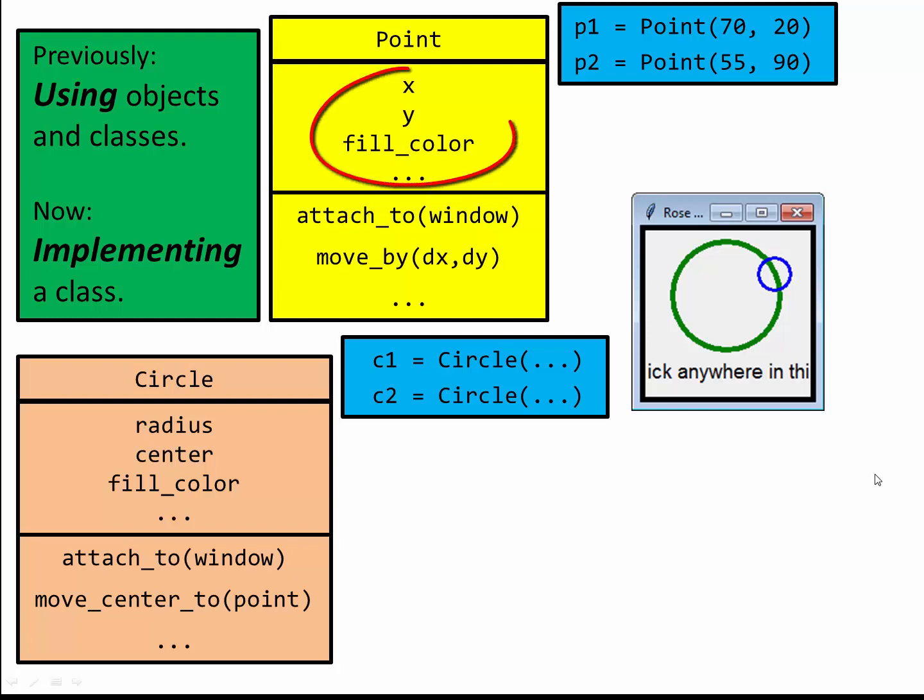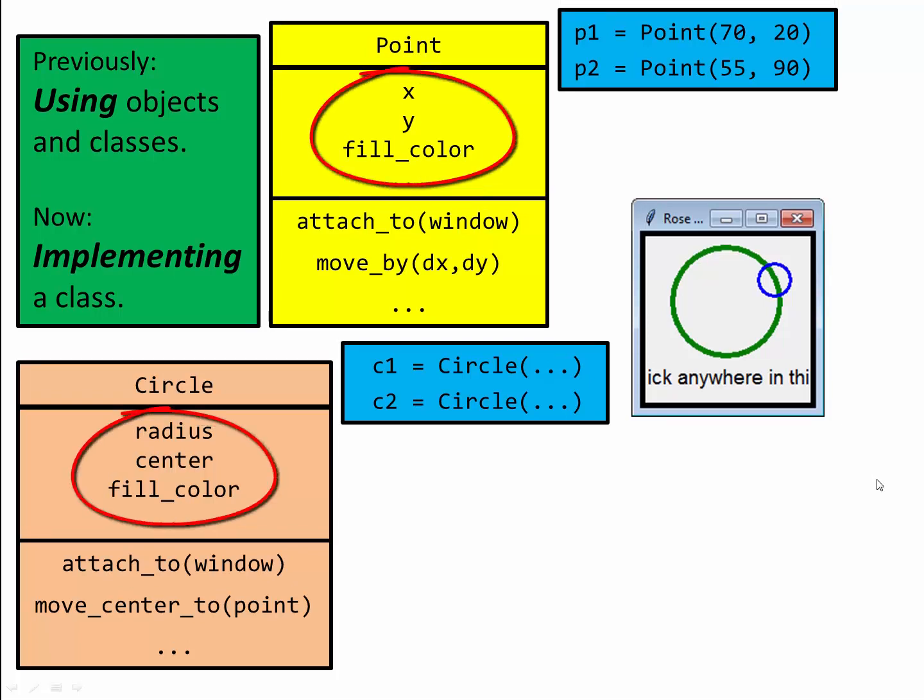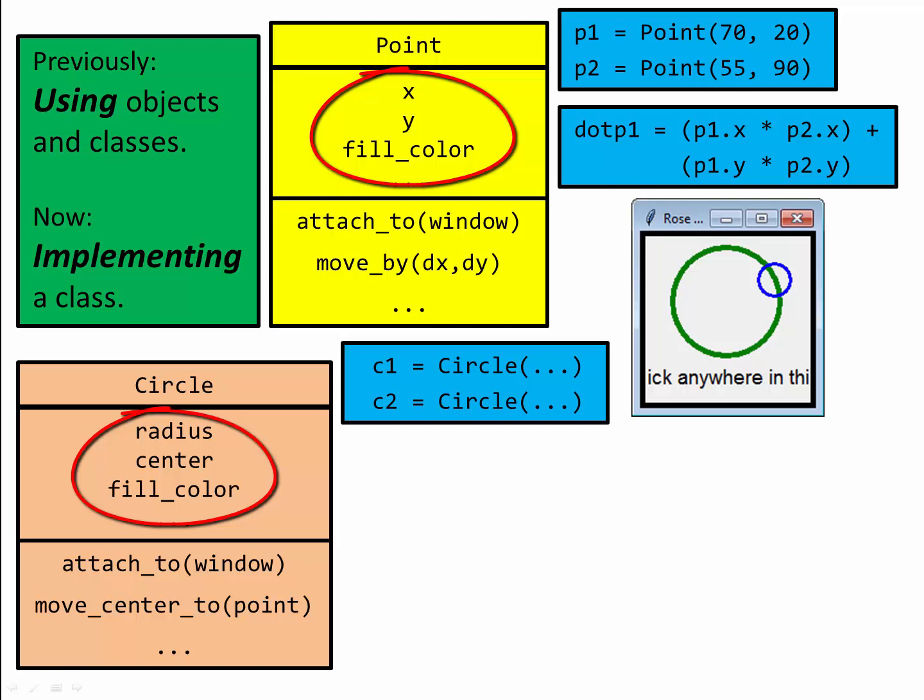Second, you have referenced those values of the data associated with an instance of a class using the dot notation and the names of the class's instance variables. So in this example, the code computes what is called the dot product of 2 points by using the notation for each instance variable of each object, name of the object, followed by a dot, followed by the name of the relevant instance variable of the class to which the object belongs.